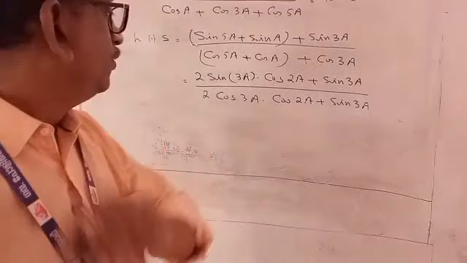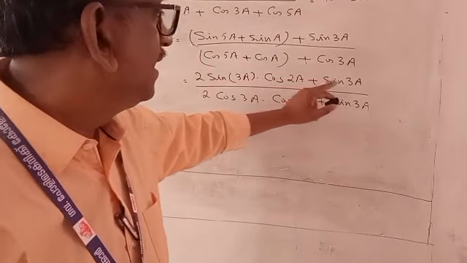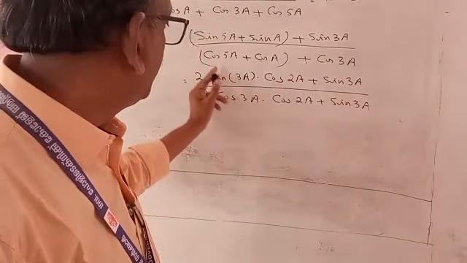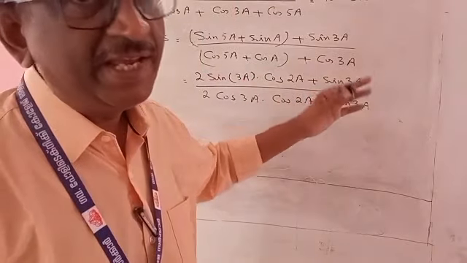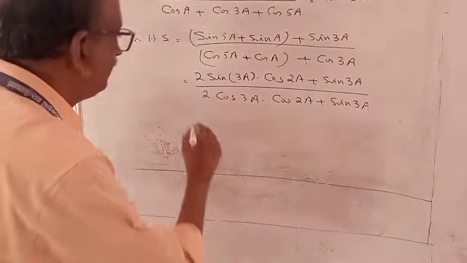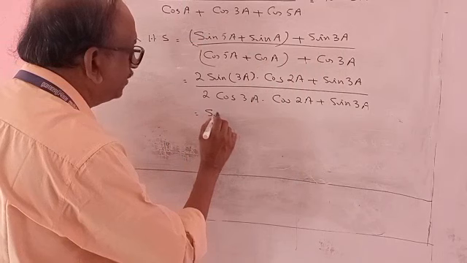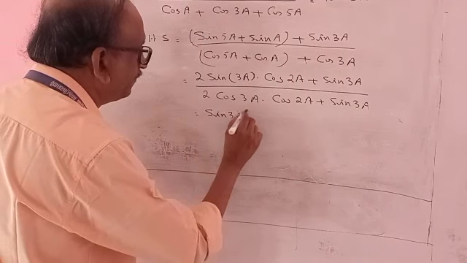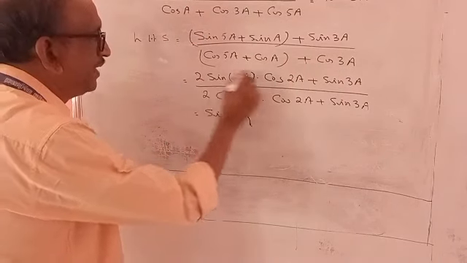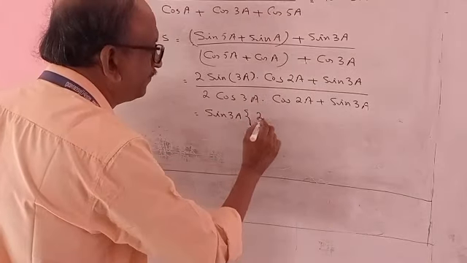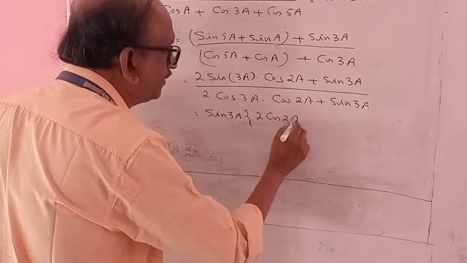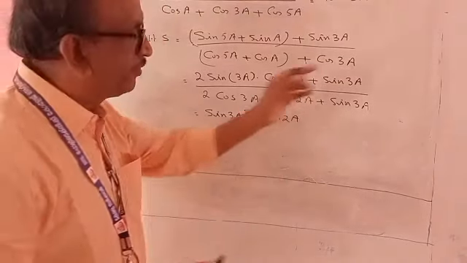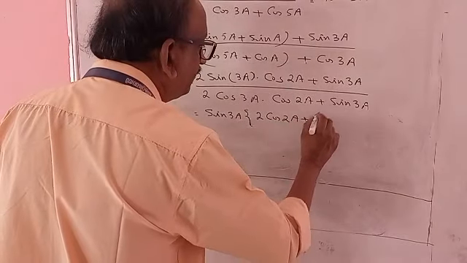In the numerator, sin 3a is common. We take sin 3a outside: sin 3a into 2 cos 2a, plus 1 here.